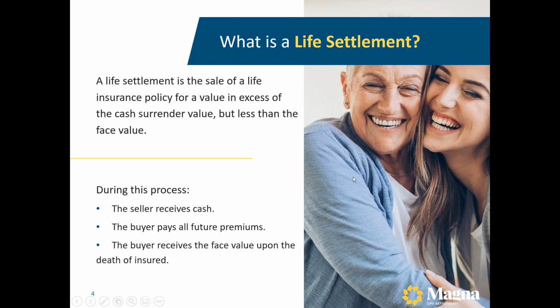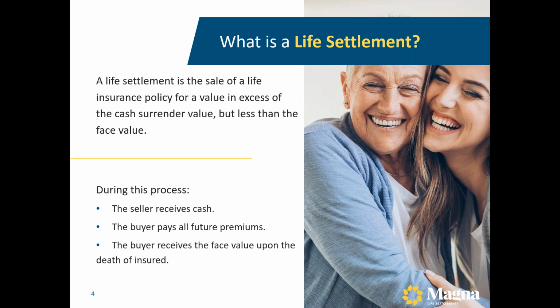Life settlement in and of itself, like I said, we're going to take two steps back. One was Magna, and now another step back. Life insurance is property. There was a Supreme Court ruling in 1911 that said life insurance is property and can be bought, sold, and traded as such. So you have an asset, and people don't know that you have an asset.